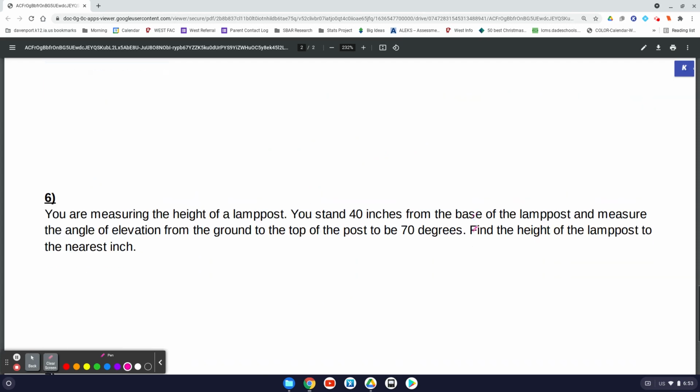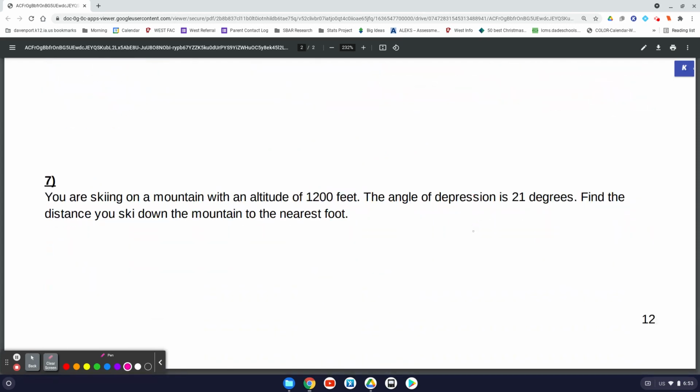Looking at number 7, the last one. You were skiing down a mountain with an altitude of 12,000 feet. So there's my mountain. I know my mountain is, from the bottom to the top, 12,000 feet. Angle of depression.